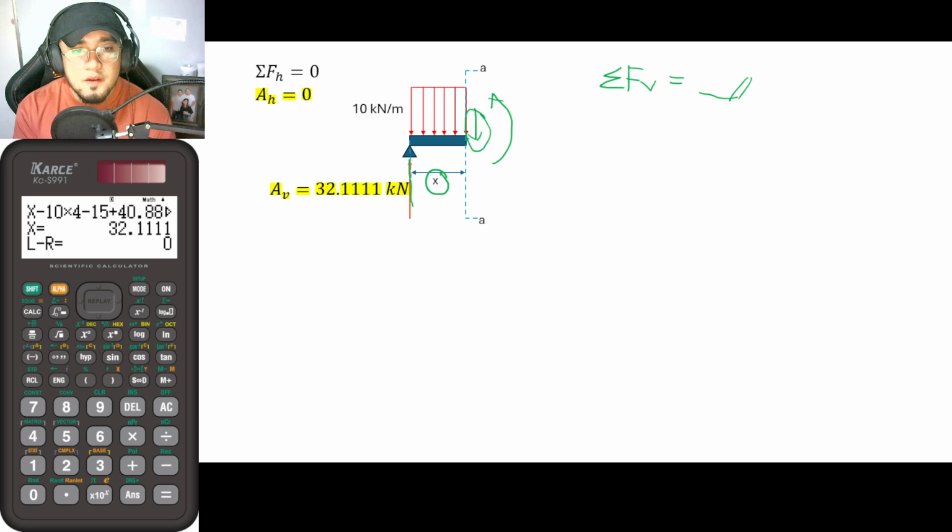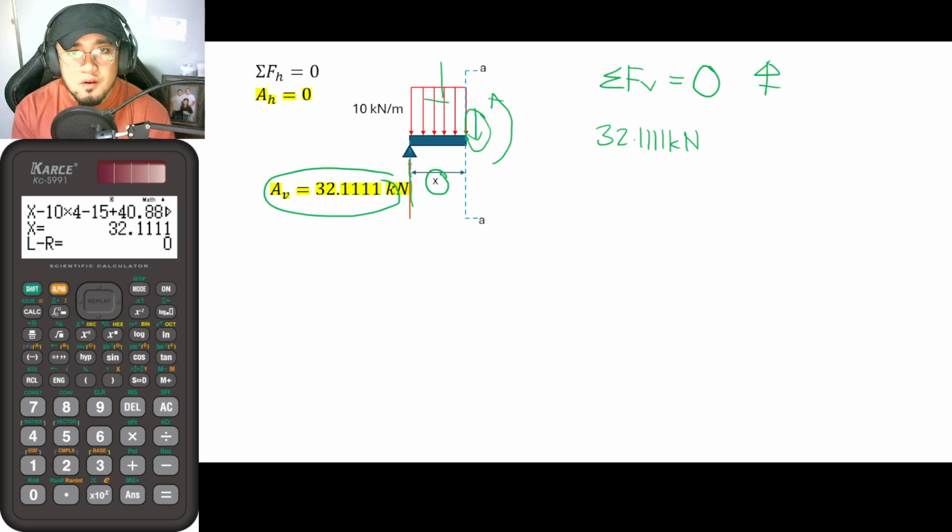So solving for the summation of forces vertical equal to 0, and I will say that upwards is positive. So we have here a 32.111 kilonewton force, which is positive. Then what is now the resultant of this rectangular section? That is minus 10 times, so what is this distance? That is x, so 10 times x.